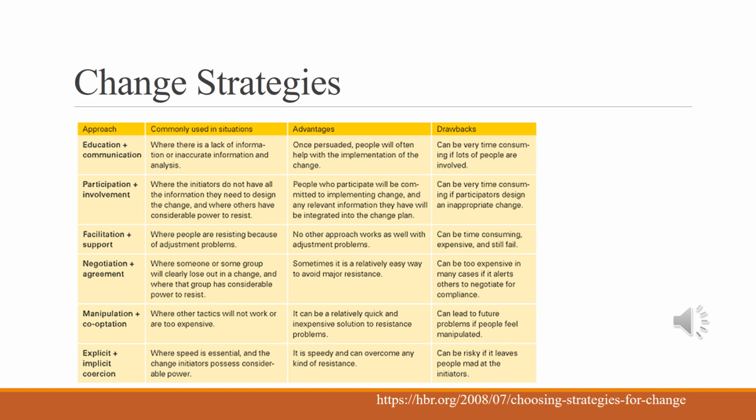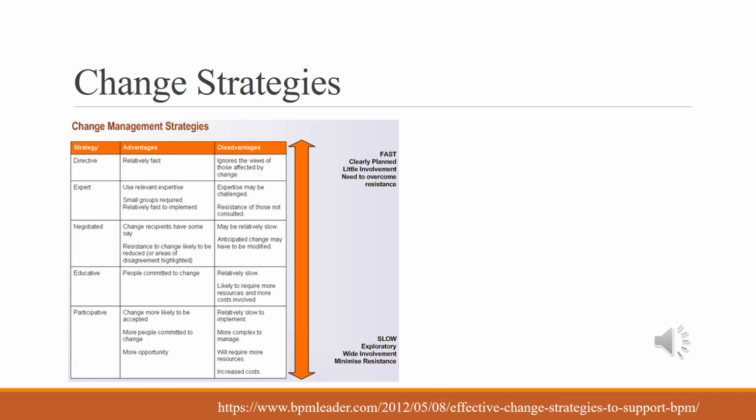Now this similar table shows you the way that you can choose to adopt the different change management strategies. So in this chart you can see there are 5 approaches, and the type of choice that you make for the approaches depends on the speed of effort that you want, the amount of planning that you need, and the involvement of others as well.